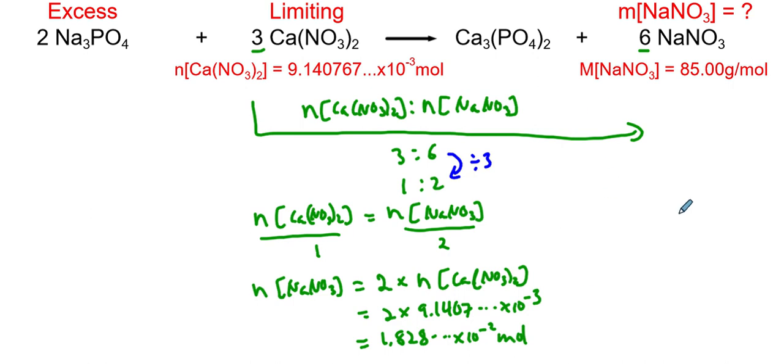Now at this point, you can keep working down the page. I'm going to work in this blank area here to keep everything visible for you on the screen at the same time. And we're trying to calculate the mass here. I now know the number of moles I have of the sodium nitrate. It's this value here from the limiting reagent. And so I know my equation now for mass is the mass of the sodium nitrate is going to equal the moles of the sodium nitrate times the molar mass of the sodium nitrate.